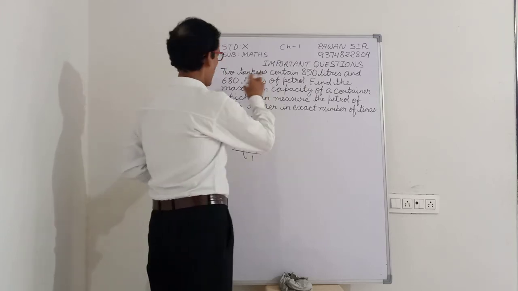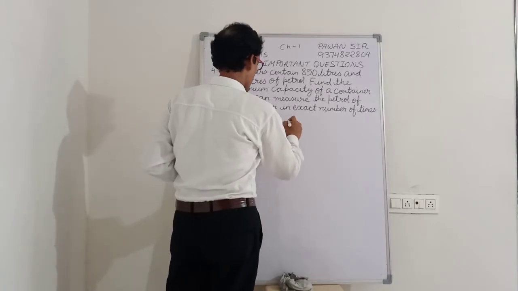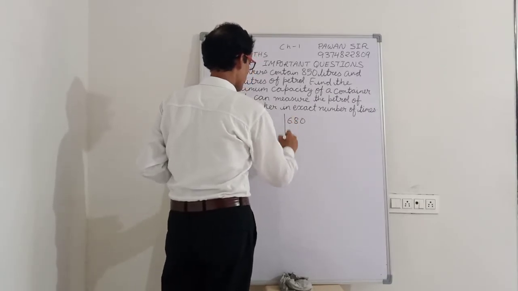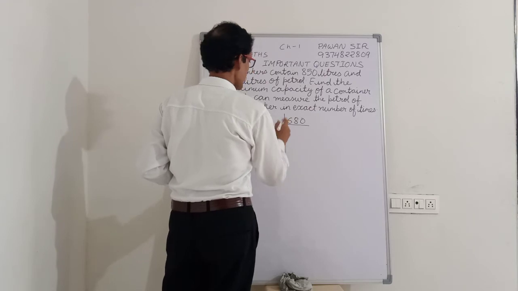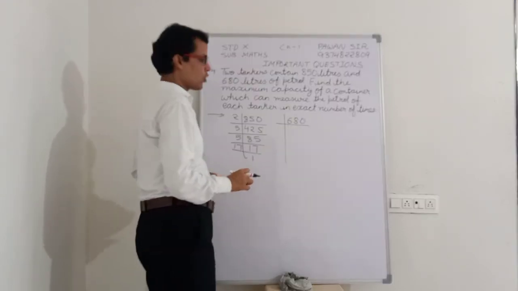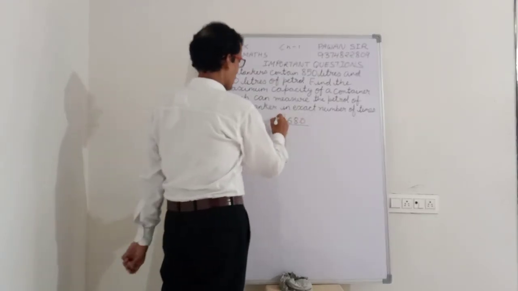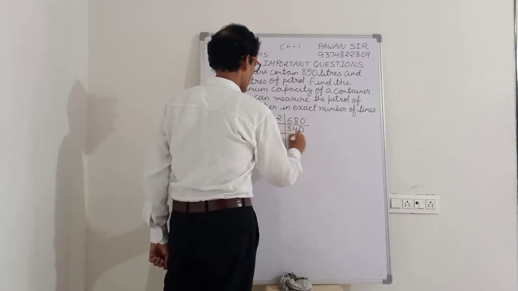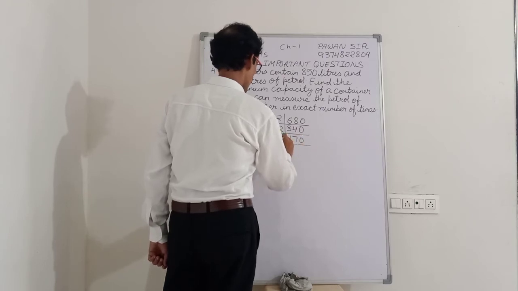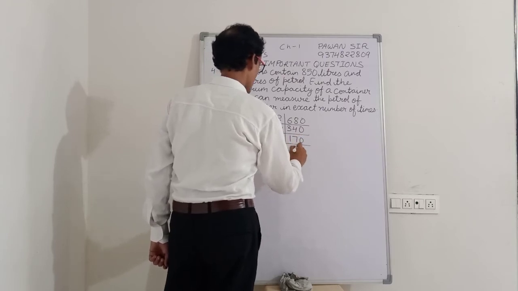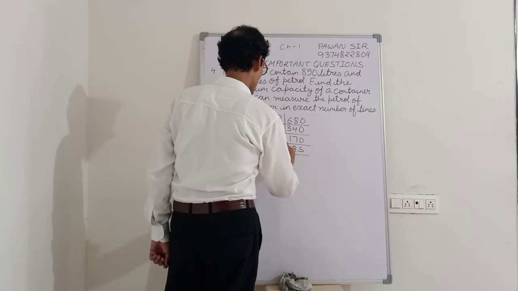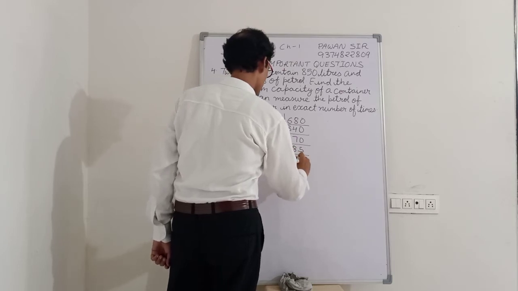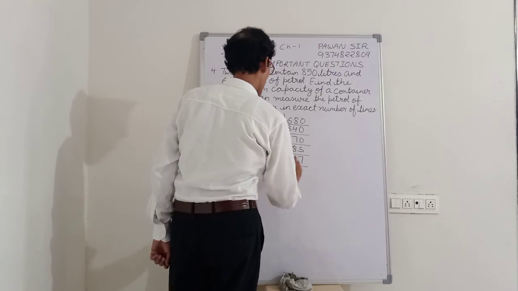Okay. Now we have to do the prime factorization of 680. Again here it is 0, so it is an even number, so start from 2, 170, 85, 5, 17, 17, 1.